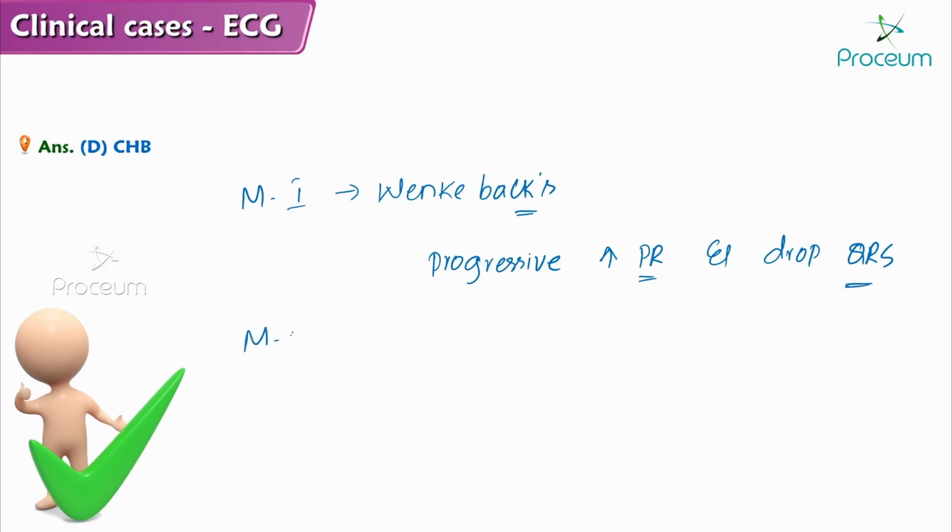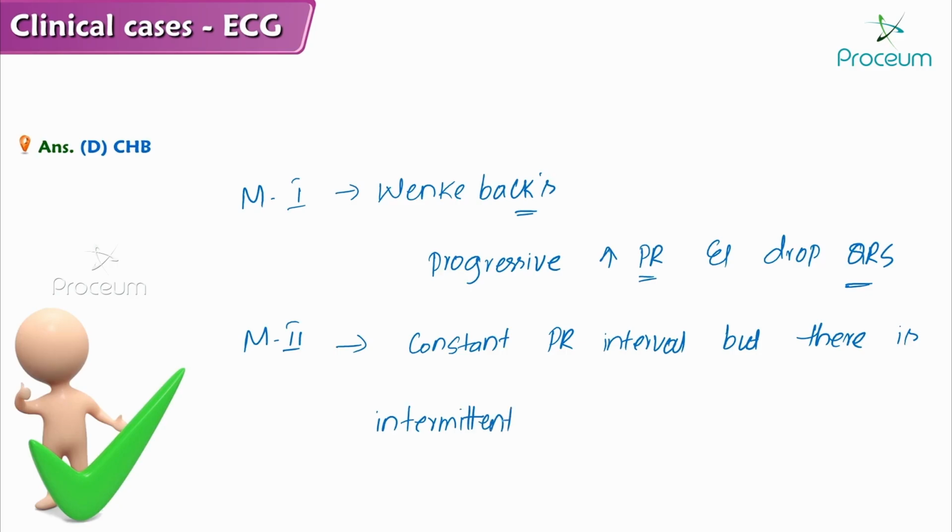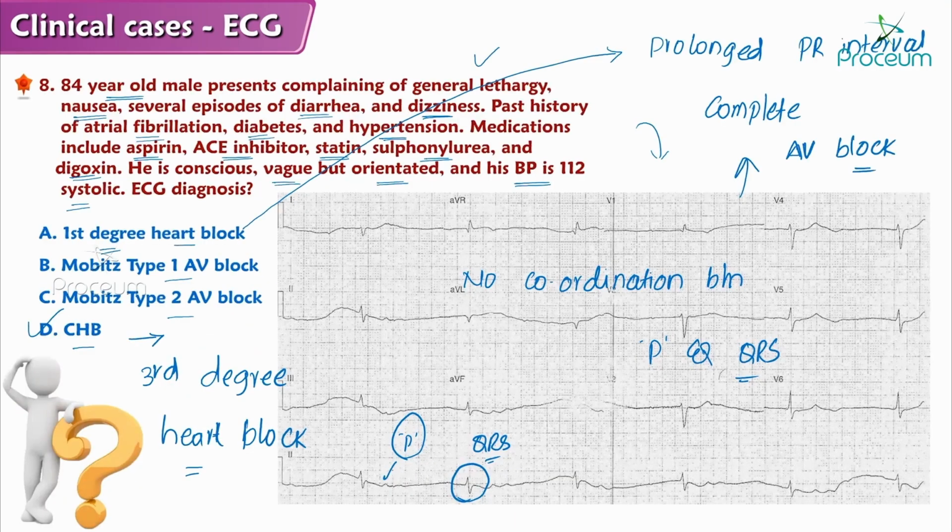And in case of Mobitz type 2, you will have a constant PR interval, but there is intermittent drop in the QRS complex. That is what you will observe in case of Mobitz type 2 AV block. Okay, so this is the ECG of all the options which are given in your clinical scenario.